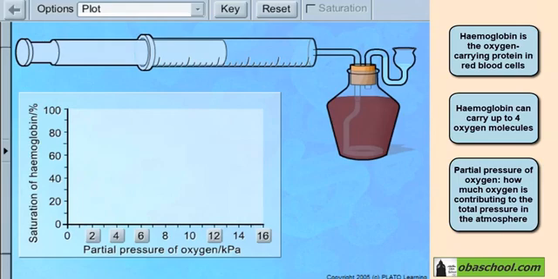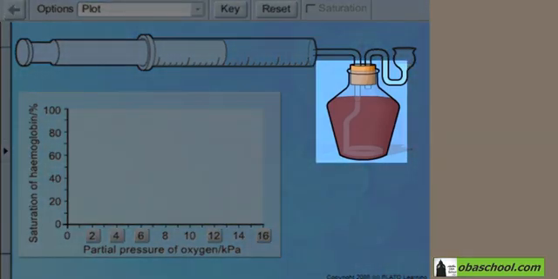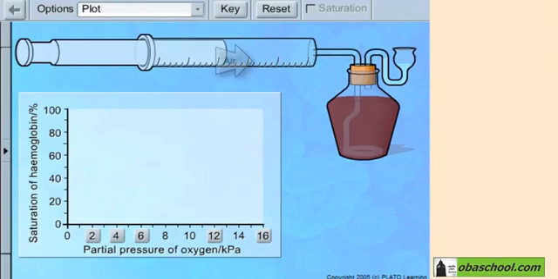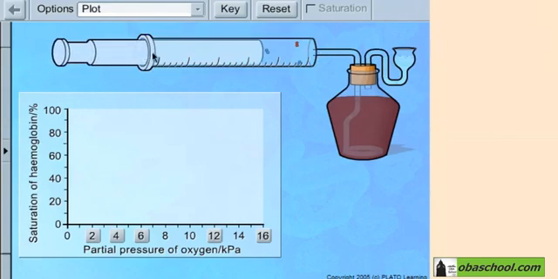So let's start. Here we have a vial of blood, and we are going to add air with certain partial pressures of oxygen through applying pressure to this syringe. Let's start with a partial pressure of 2 kilopascals. We push the syringe in.